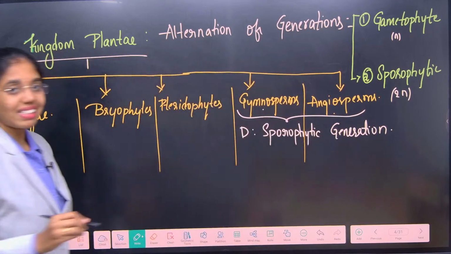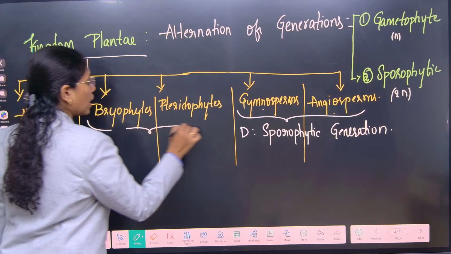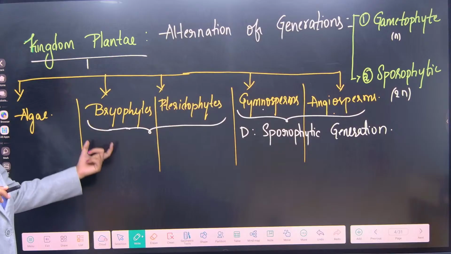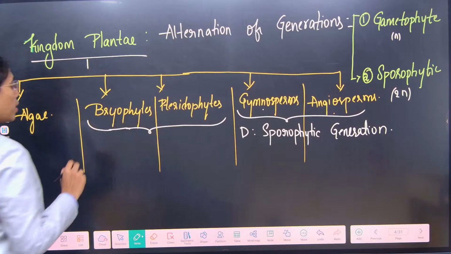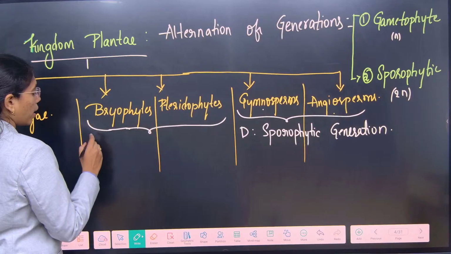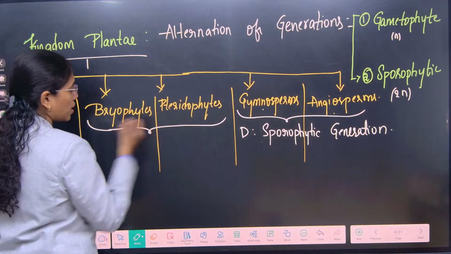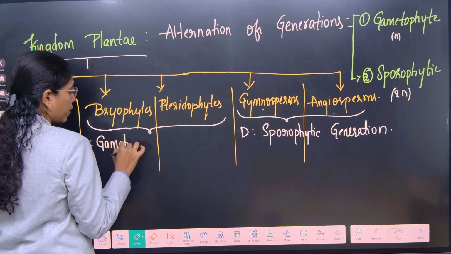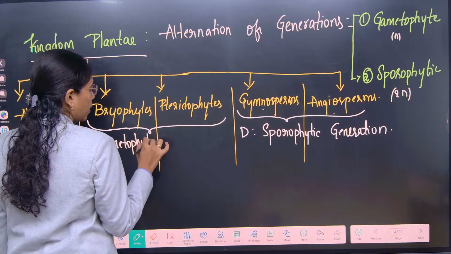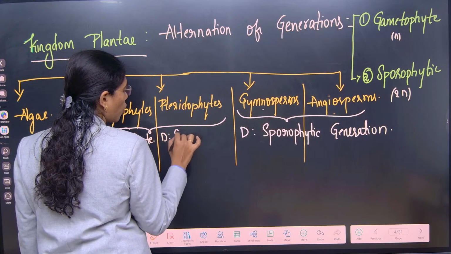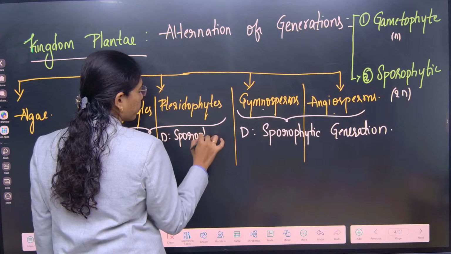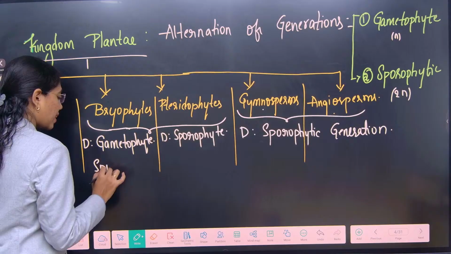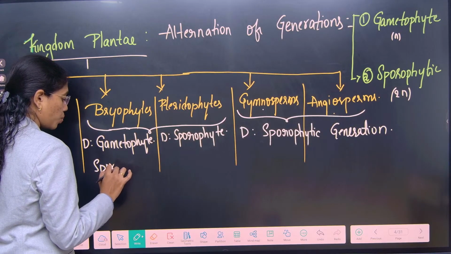Here in Bryophytes and Pteridophytes, it exhibits equal alternation of generations, that is, it has equal gametophytic phase and sporophytic phase. Okay. What is the dominant phase here? Here the dominant phase is gametophyte. Here the dominant phase is sporophyte. Fine, right? Here sporophyte is dependent on gametophyte.